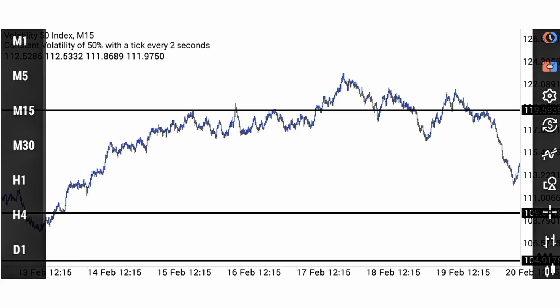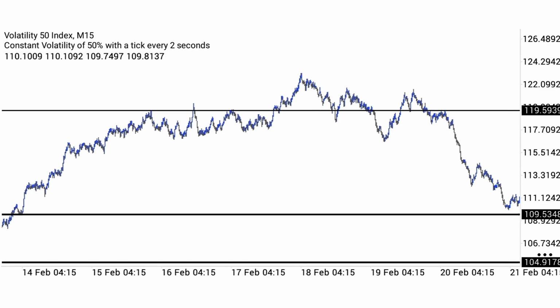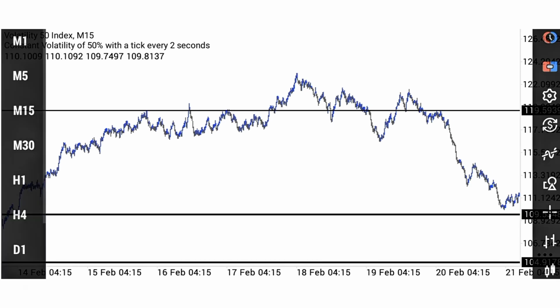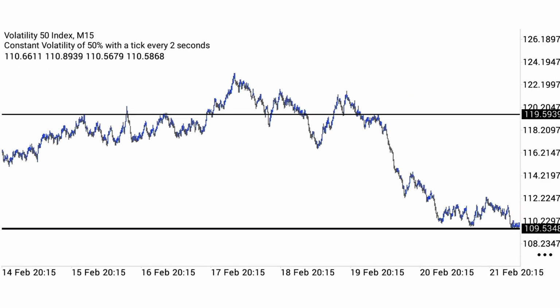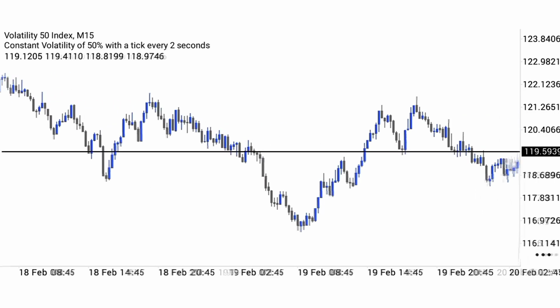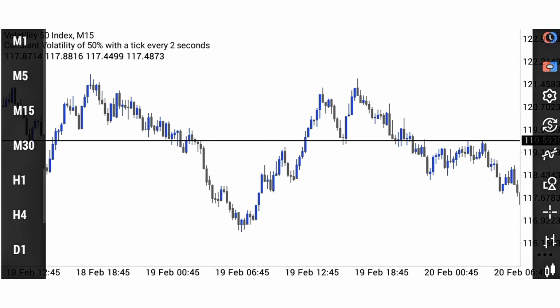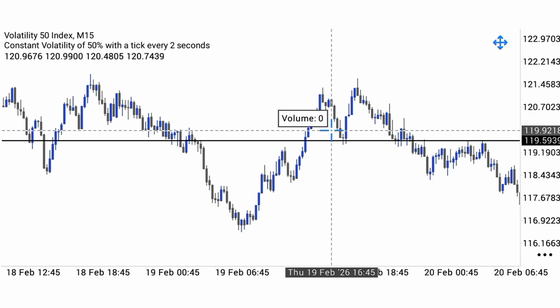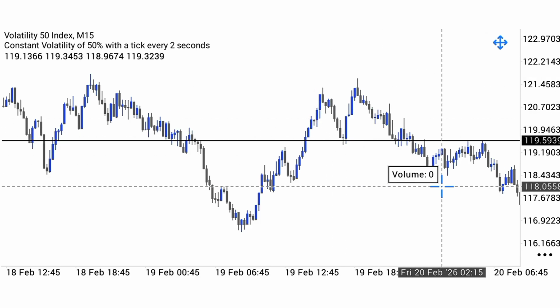So we are looking at a potential support and resistance here. If you check well, it still continued, so you can see the market showing reactions around this support and resistance line.